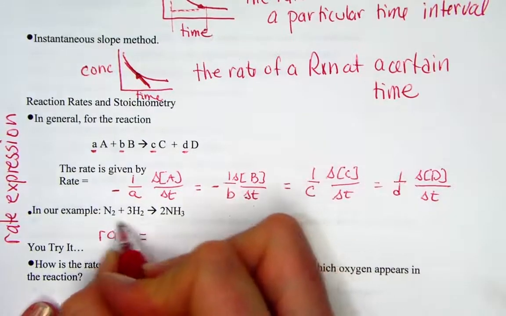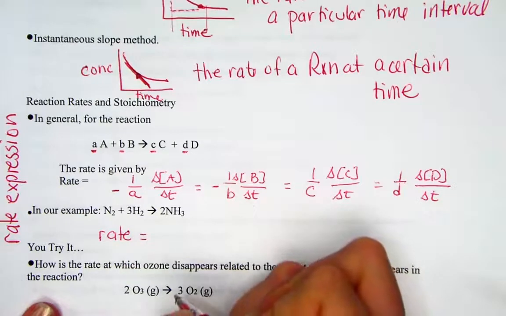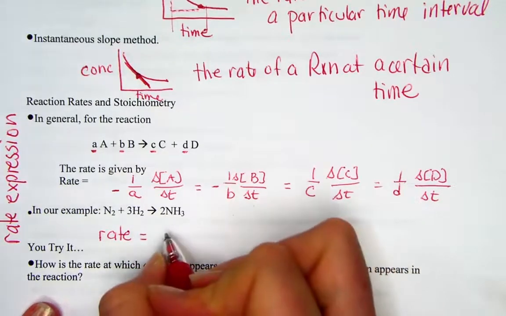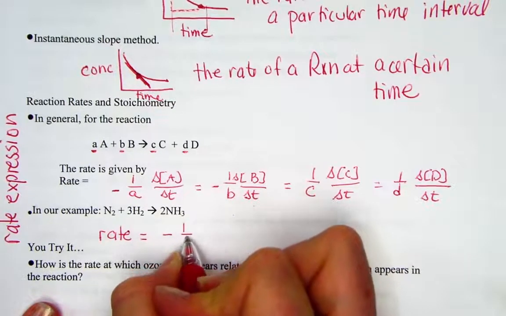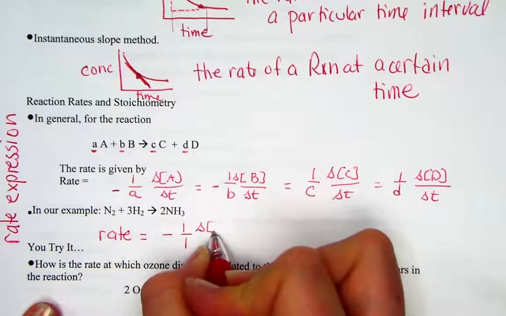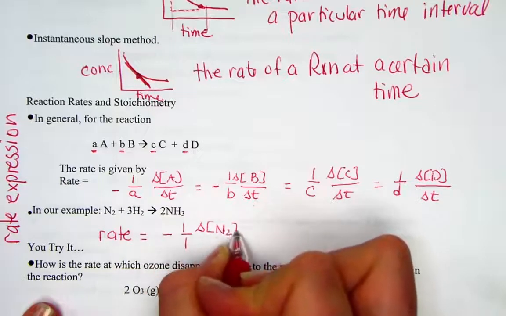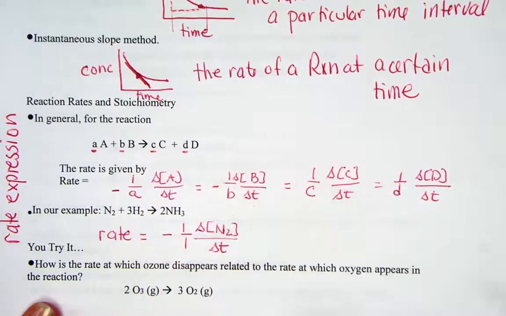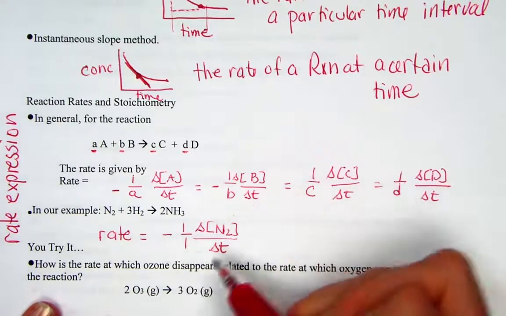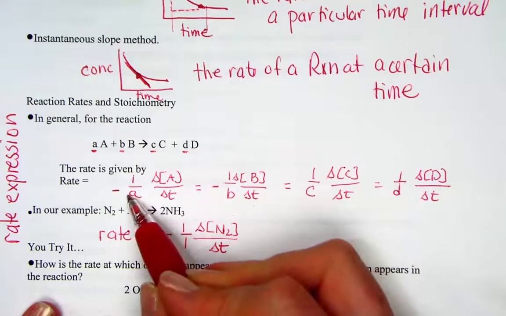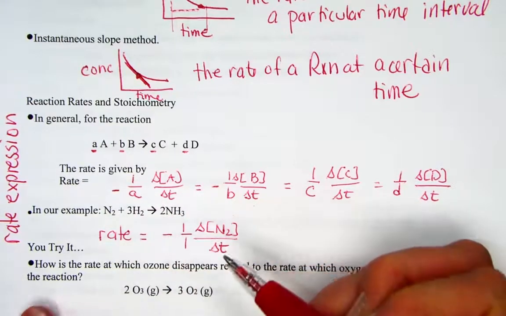The rate of this reaction in the production of ammonia would be represented by negative 1 over 1 times the change in concentration of nitrogen over the change in time. And yes, you're correct, it's not necessary to show 1 over 1, but it's nice to see that if the coefficient of nitrogen is 1, this is how it would be included.